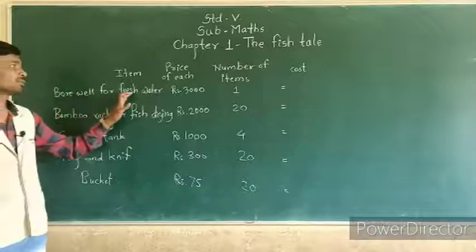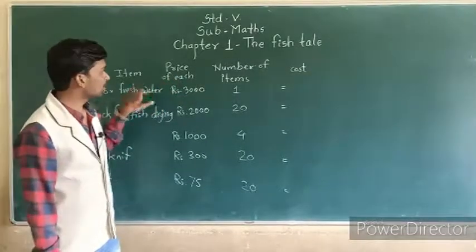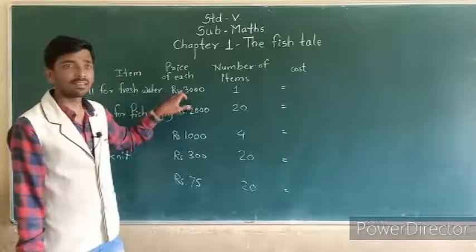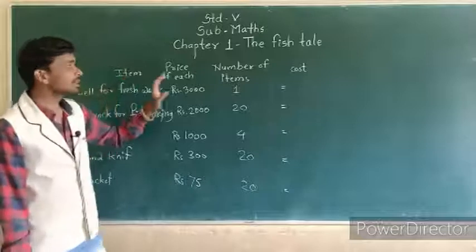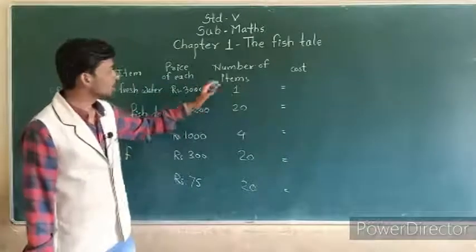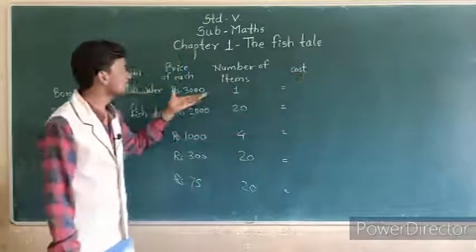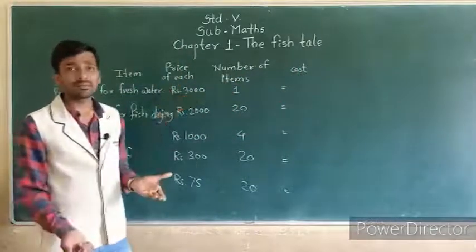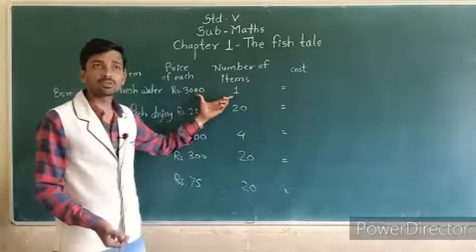Bore well for fresh water. The price for that is 3,000. And number of items means how many they require. That is 1. So when we have to find the total cost for this first item, how to find that cost? You multiply these two numbers. Why?